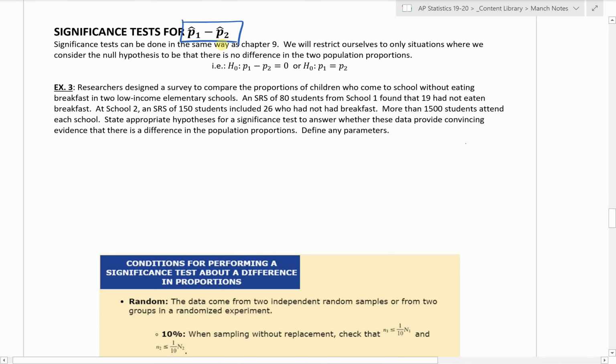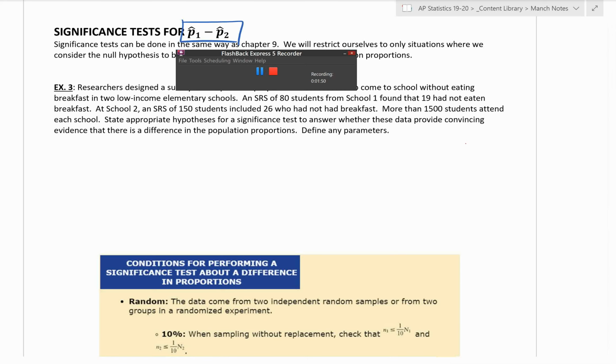Significance testing can be done in the same way as Chapter 9. In this course, we'll restrict ourselves to only situations where we consider the null hypothesis to be that there is no difference, right? We call it the no difference statement. We're going to only focus on that type of null hypothesis.